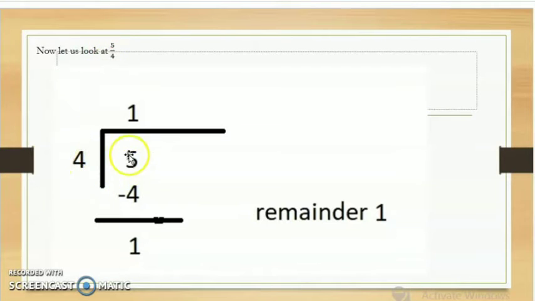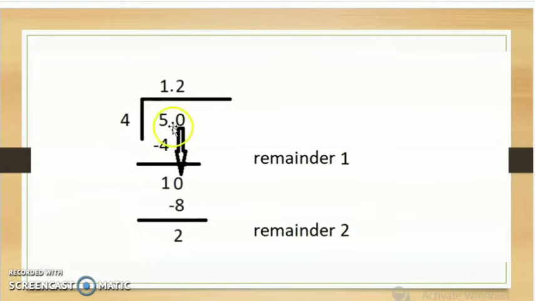Now let us look at 5 by 4. 5 by 4 goes 1 time, 4 minus 4, the remainder is 1. To convert it into decimal form, we add the decimal point and bring down a 0, so we have 10. 4 times 2 is 8, so the remainder is 2, which means we can still carry on.